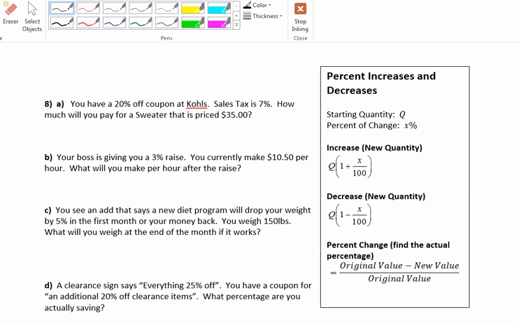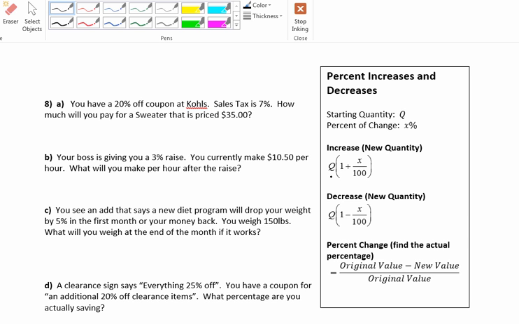Okay, so when you're dealing with percent increases and decreases, a really quick way to deal with these problems is to start with a starting quantity, which we could call Q. And we have some sort of percent of change, like 7% sales tax or like a 5% discount. If you want to increase your starting quantity to get a new quantity, instead of multiplying and then adding, you can do both steps at the same time in a parenthesis.